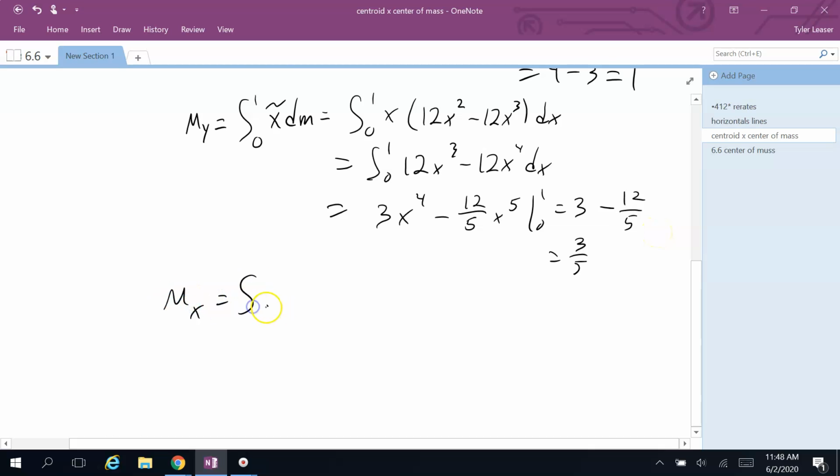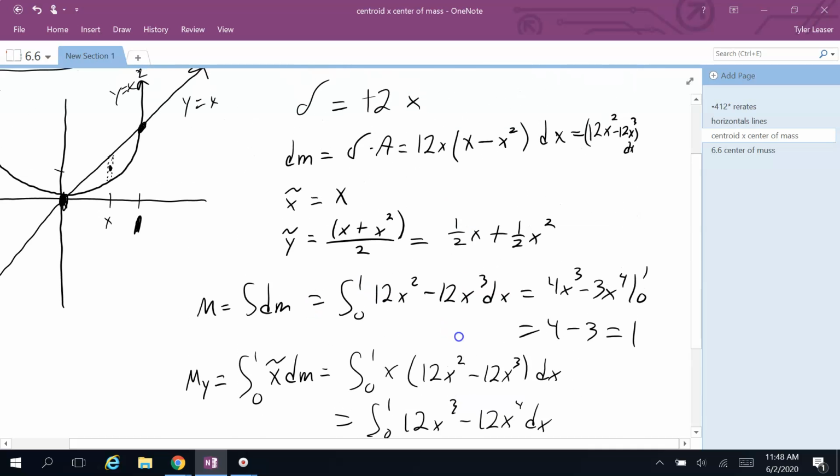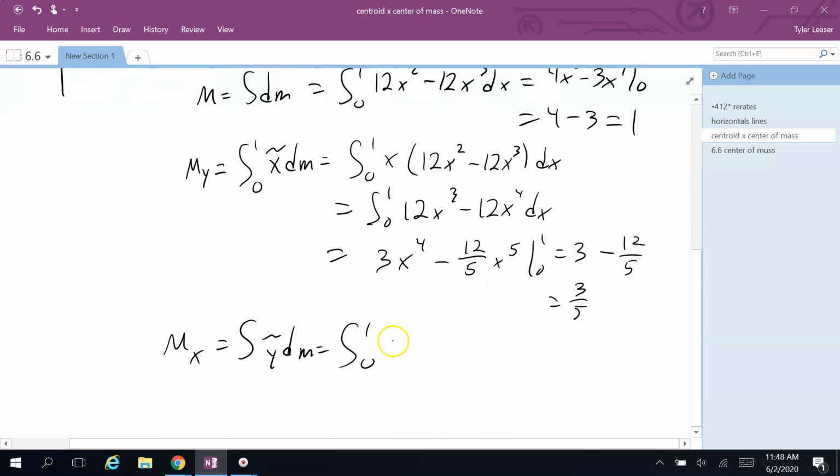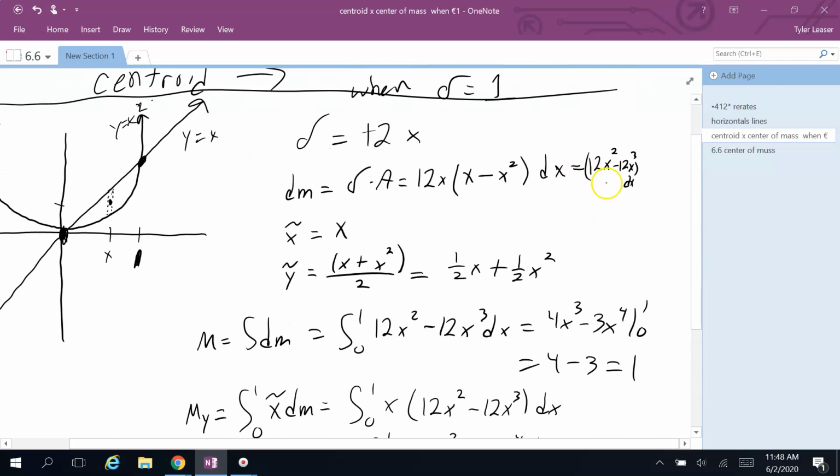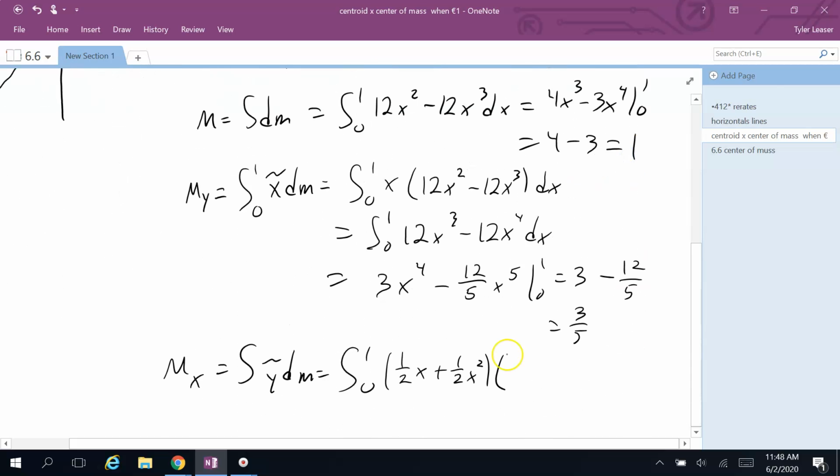Okay, moment about the x-axis. That's going to be the integral of y wiggle dm. This is going to be our bad one. Still the integral from 0 to 1. Y wiggle was this awful looking thing, 1/2 x plus 1/2 x squared. dm, remember, was the 12x squared minus the 12x cubed, and then all of that dx.